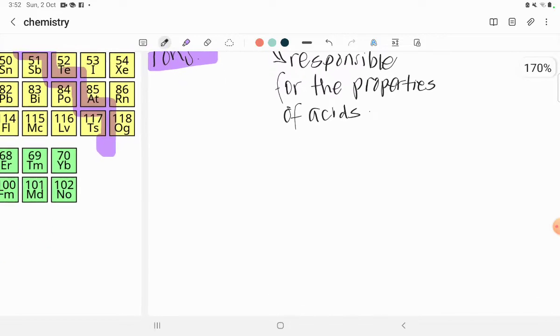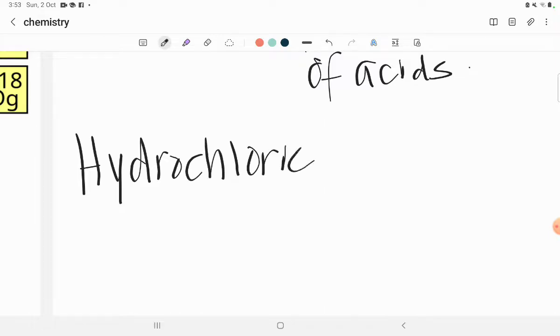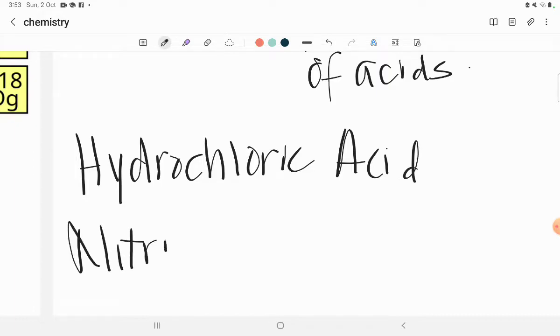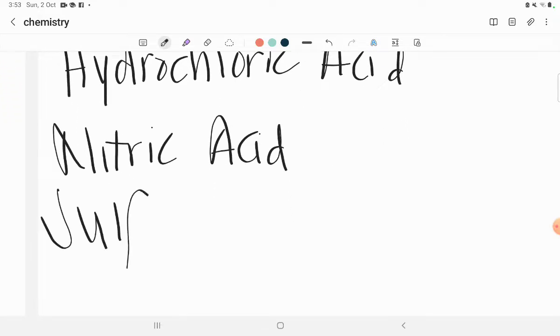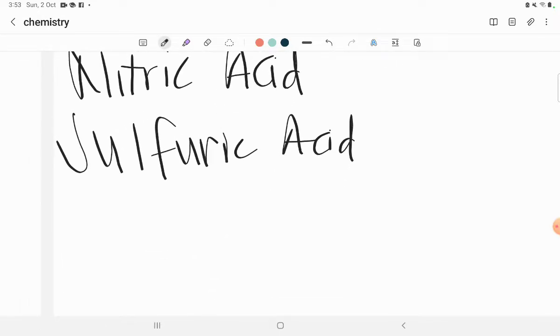To see if it's true, we look at the chemical formulas of four different types of acid. There's the famous one, hydrochloric acid, then nitric acid, and sulfuric acid, which is my favorite because I like the way sulfur becomes sulfuric.